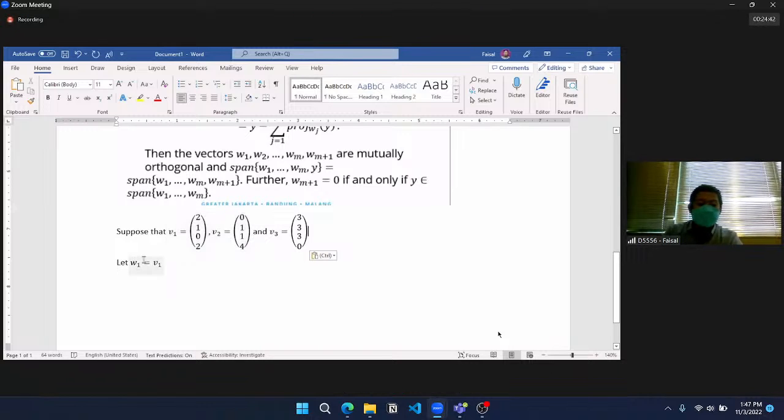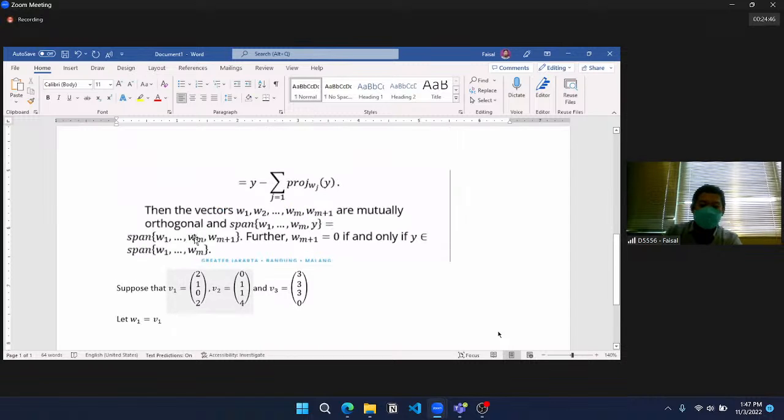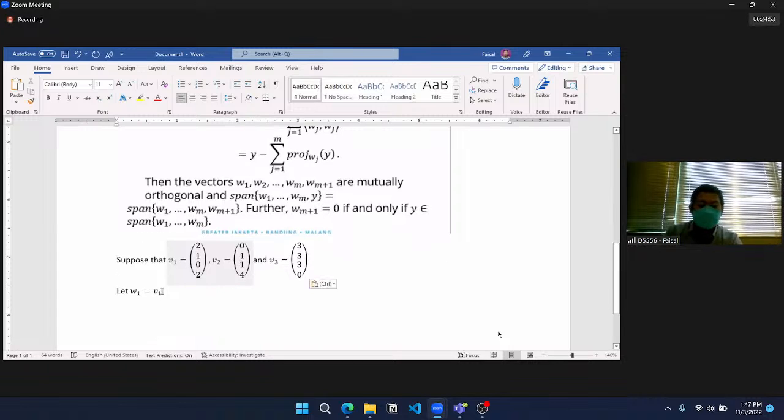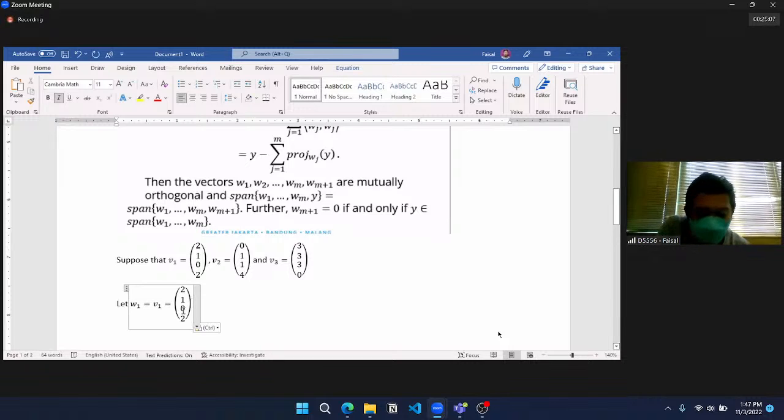So W1, the first vector in our orthogonal basis, is V1. Just take the first vector. So W1 is 2, 1, 0, 2.